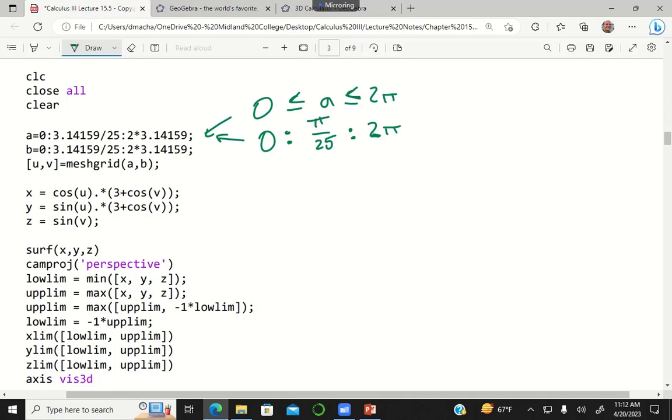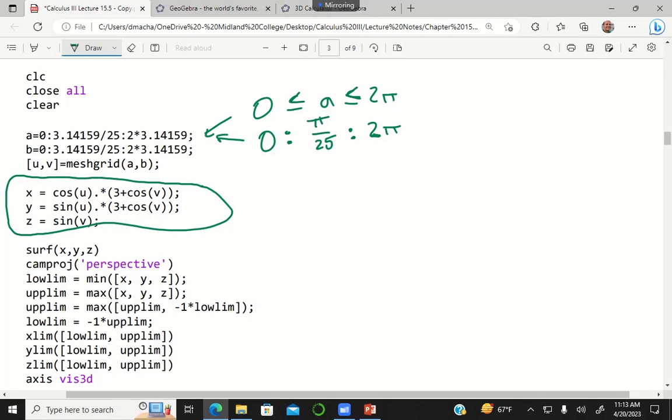Okay, and then I have this, and this is actually the equation for the parametric surface right here, where I have x and y and z coordinates as a function of u and v on my little piece of square fabric. And then what comes below this is all just code that, first of all, plots it as a surface in 3D space.